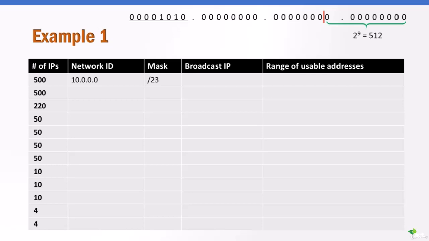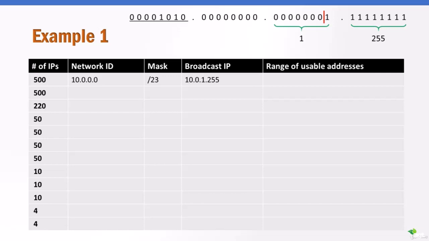Now let's think about the broadcast IP address. To determine the broadcast address, we need to switch all of the bits from our host portion into ones. So when we do that, we have 9 ones at the end of our IP address. So the broadcast IP is going to be 10.0. Those are the first 2 octets and they haven't changed. But the third octet has changed and that's going to be 1. And then the fourth octet is going to be 255.